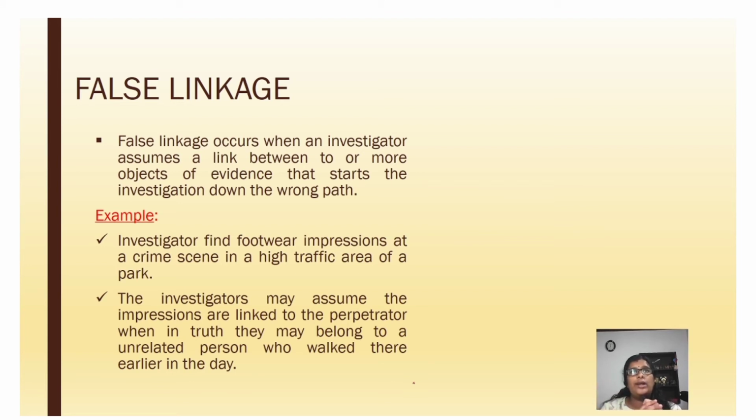For example, if the culprit wears size 10 shoes, and consider that his original size is 7, and he uses the size 10 shoe for his criminal purpose, then the investigating officer will find a footwear impression of size 10, and he thinks that the person's height is 6 feet or above, and that's why he is using size 10 footwear. So we can suspect persons who are above 6 feet.